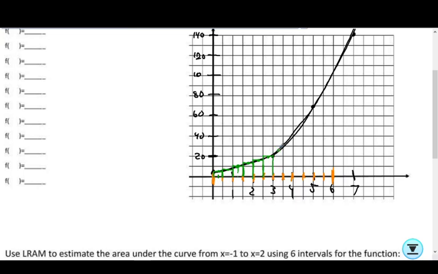Like this one here, this one's going to hit somewhere right here, this one right here, and then my last one hits somewhere like this.